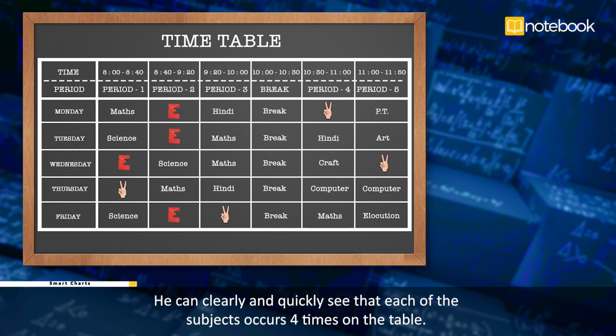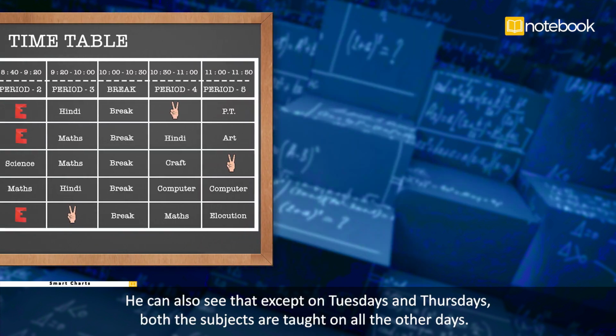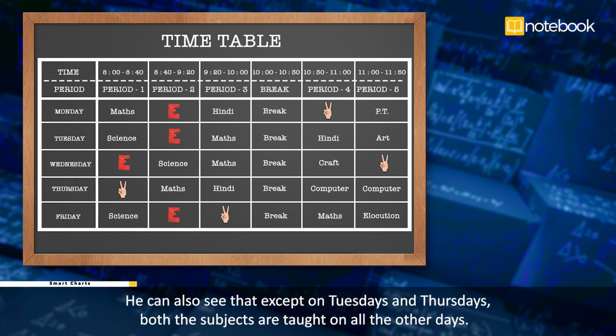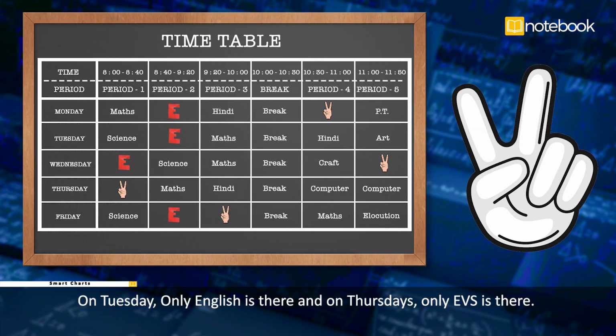He can clearly and quickly see that each of the subjects occurs 4 times on the table. He can also see that except on Tuesdays and Thursdays, both the subjects are taught on all the other days. On Tuesday, only English is there and on Thursdays, only EVS is there.